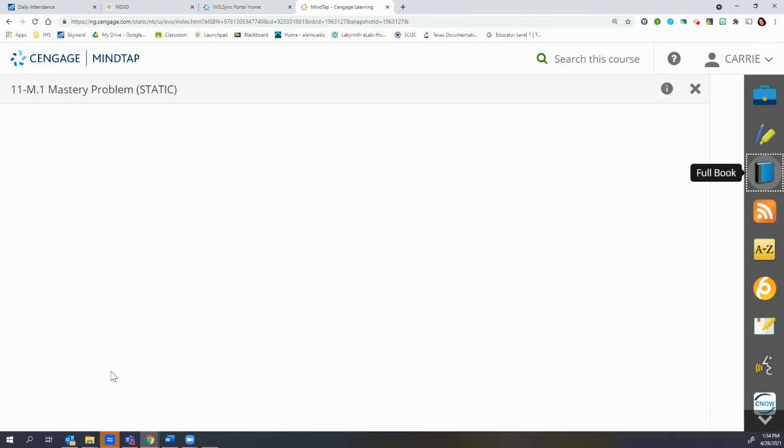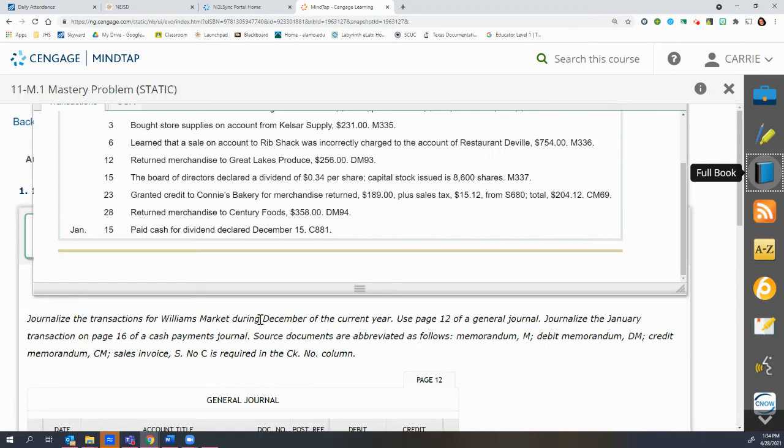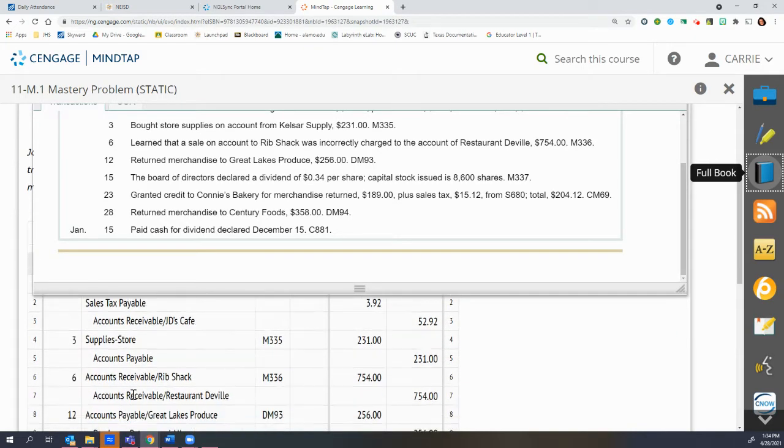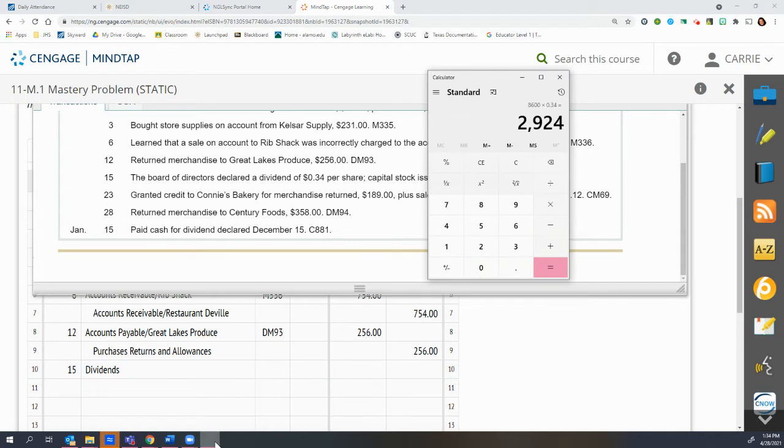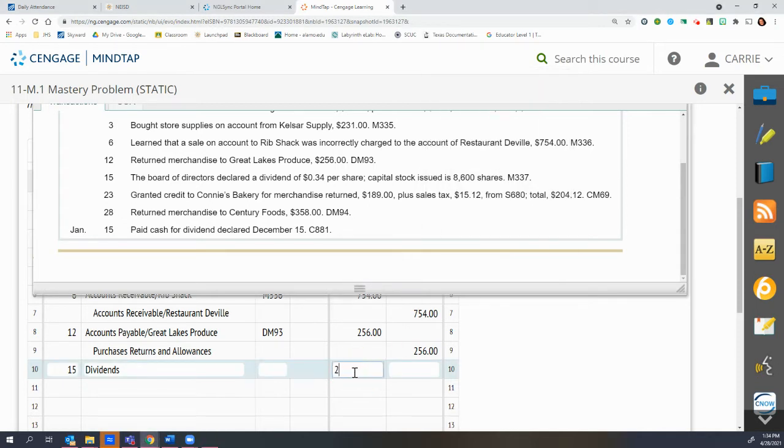Okay, so we're just going to do dividends as the debit, for 29.24, and then the credit is dividends payable.